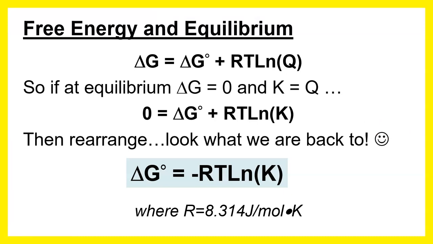The reason this connection can be helpful, connecting equilibrium and delta G, is that it will allow us to do some graphing. We're going to be able to graph some things and gain some information from our graphing.